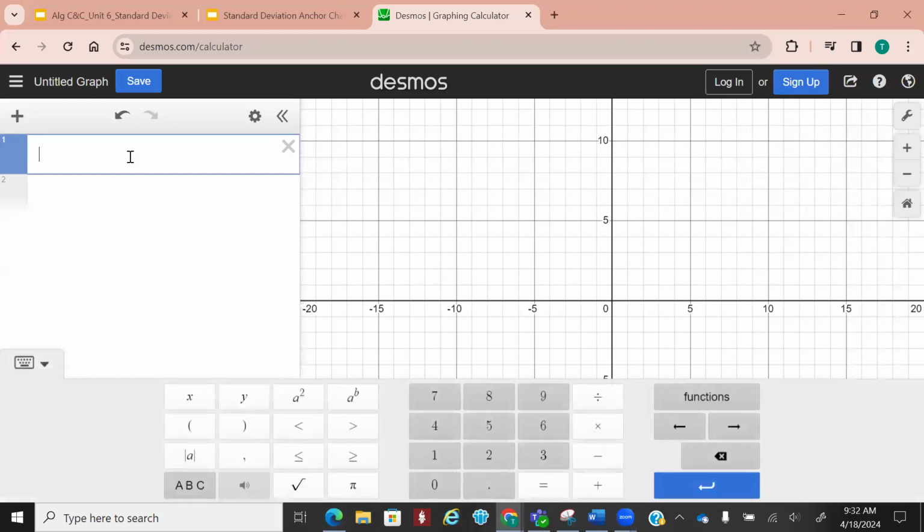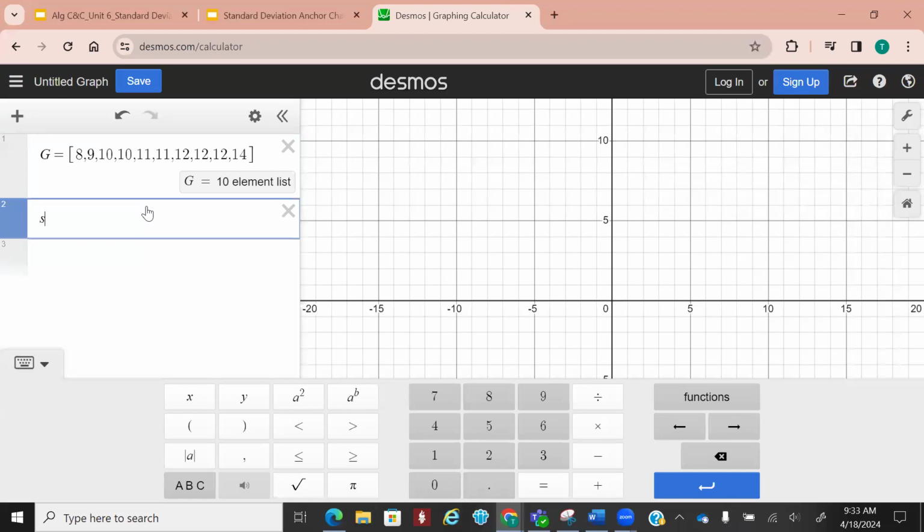Once you get here, what you're going to do is you're going to type G equals, and then you're going to use brackets, and you're going to list out all those numbers, okay? You're going to say G equals, and then list out all the numbers.